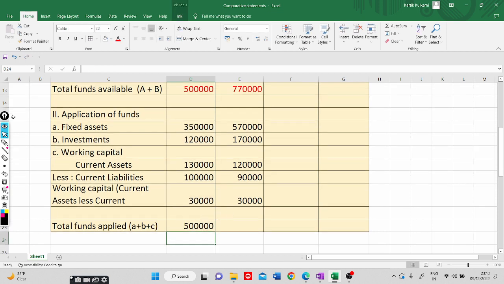Similarly, for 2020, we will be taking the total of fixed asset, that is 5,70,000, investment 1,70,000, and working capital 30,000.